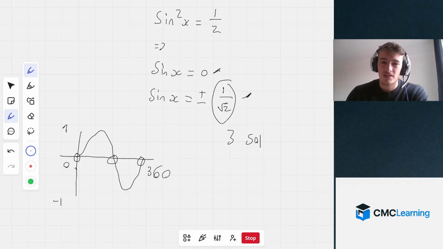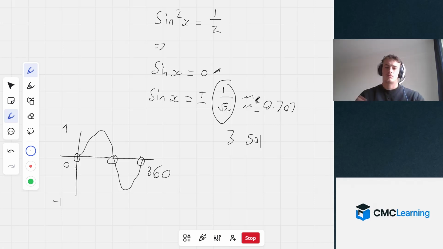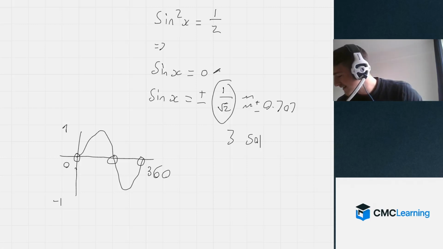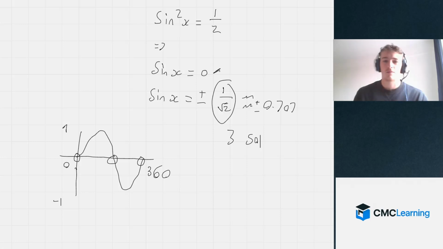Roughly this is approximately 0.707, plus or minus 0.707, because root 2 is approximately 1.414, something like that. I hope that's right. 1 over, I'm using a calculator. Ha, hypocrite. Yeah, I was right.